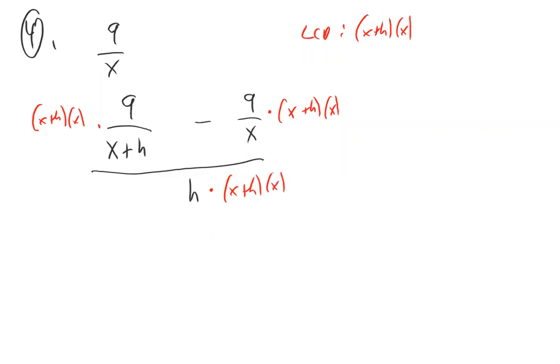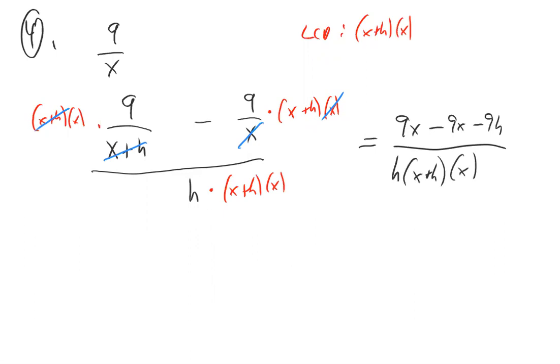Now what happens is this x crosses this one out, this x plus h crosses this one out, and then you multiply it. x times 9 equals 9x, and then negative 9 times x plus h equals negative 9x and negative 9h. And then in the bottom, you don't do anything. You want to save the h that's on the outside.